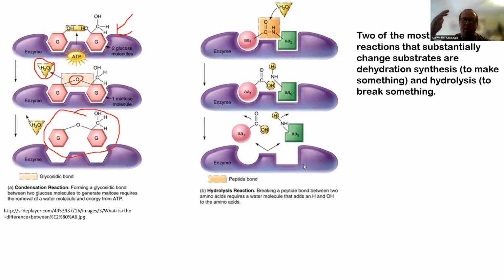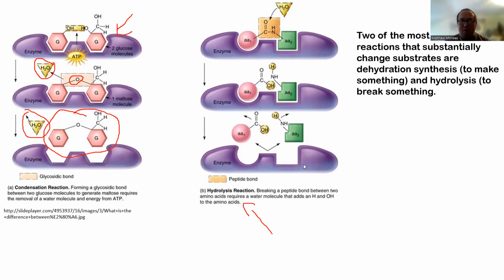One of the most common, and this is what you find in a lot of the central metabolism reactions, is hydrolysis. So if a condensation reaction is creating water, hydrolysis, as the name suggests, hydro, water, lysis, breaking, is breaking molecules into smaller substrates by using water.